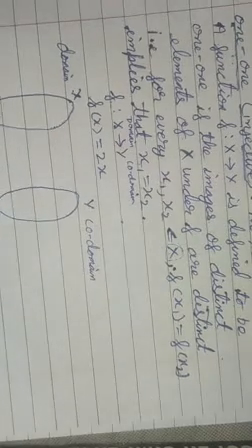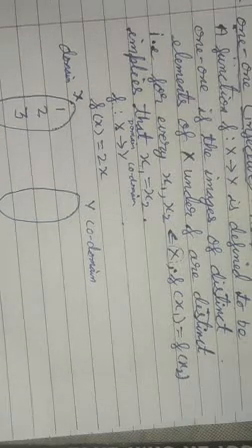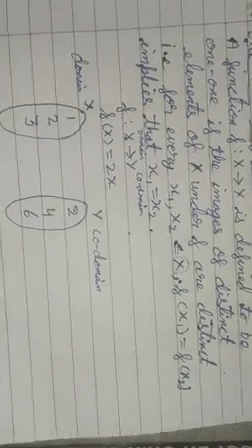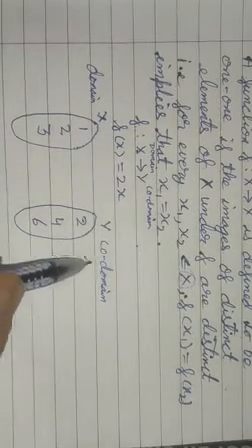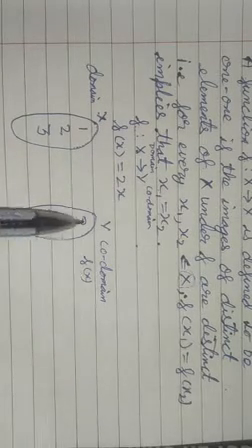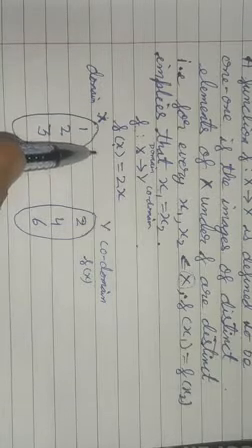Now here 1, 2, 3, and 2, 4, 6. From this function, f(x) equal to 2x, this is the value of f(x) in the codomain and this is the value of x in the domain.